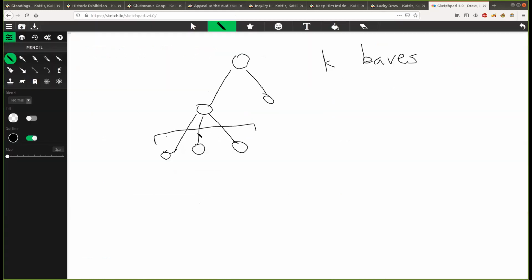The sum of the skills of these players is added to this running score, and then you add it here again, and so on. So the question is, what's the maximum happiness out of any way to assign players to the leaves?